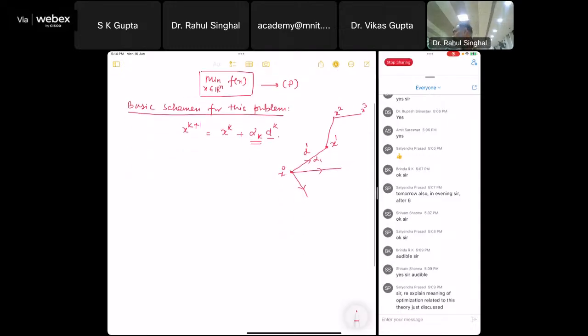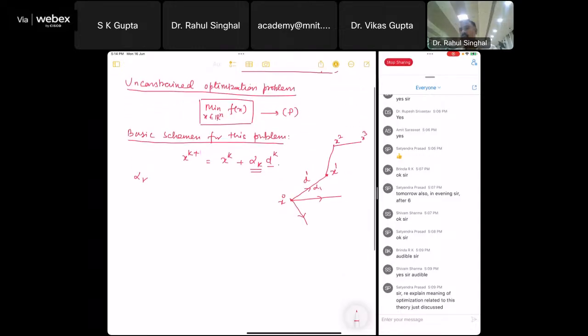So this alpha_k is the optimal step size, and this d_k is the direction from x_k to x_{k+1}.